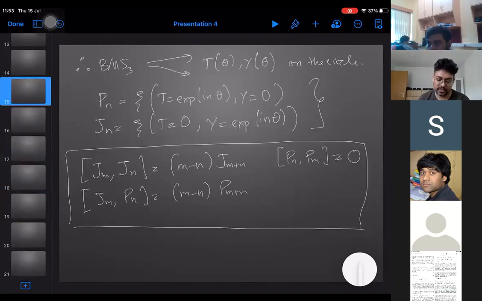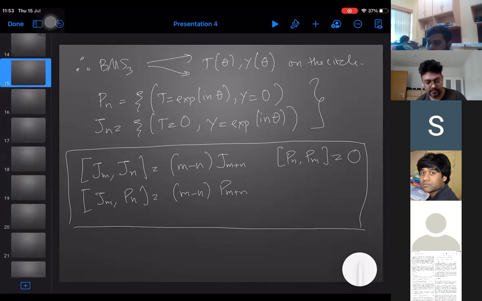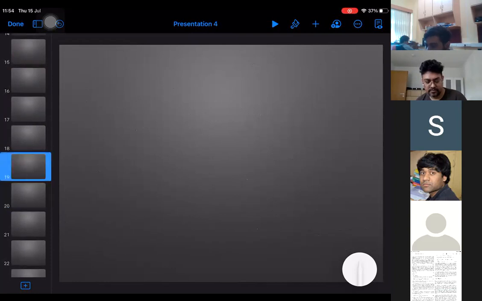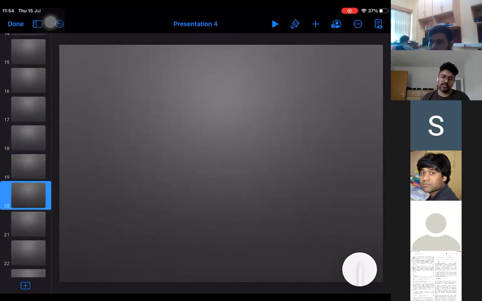In the beginning, I showed you directly from the BMS, from the killing vectors and all, how to get it. And this was from the flat space limit. But you're right, there should be. Let me also look into that and see.